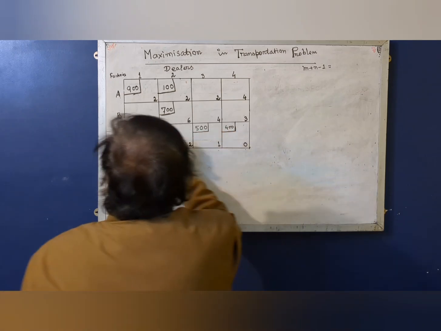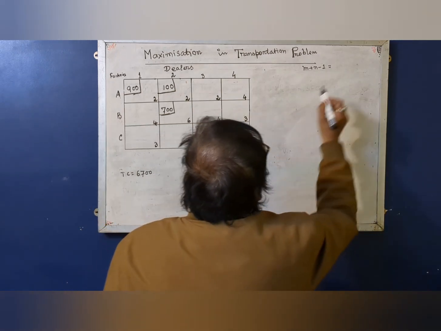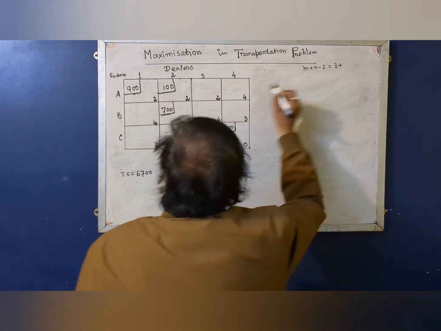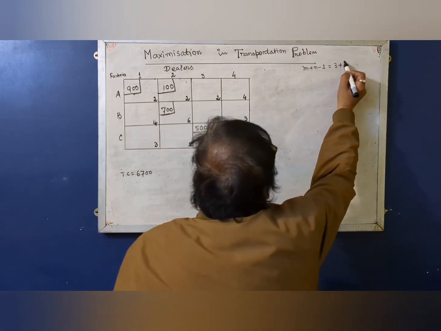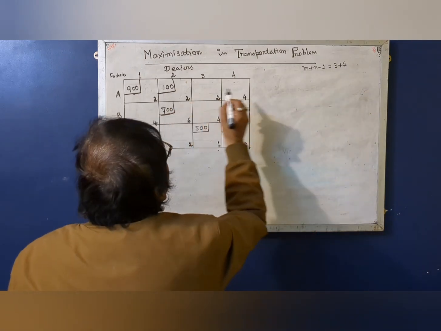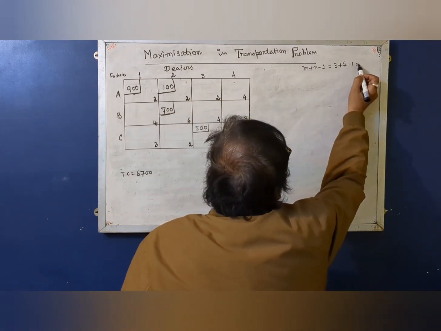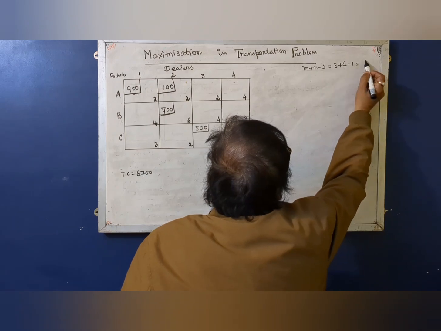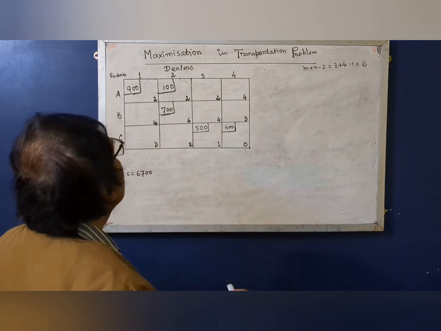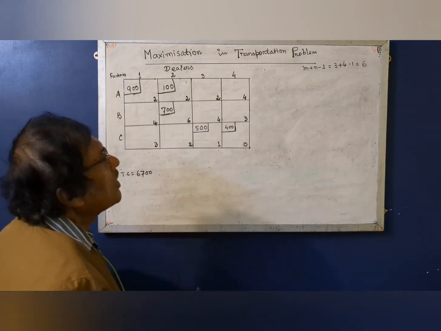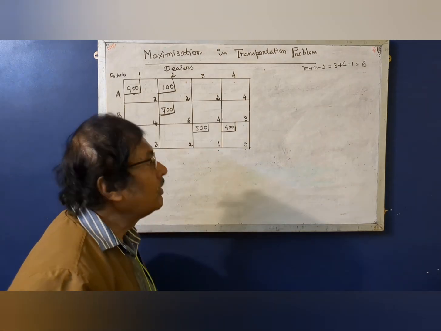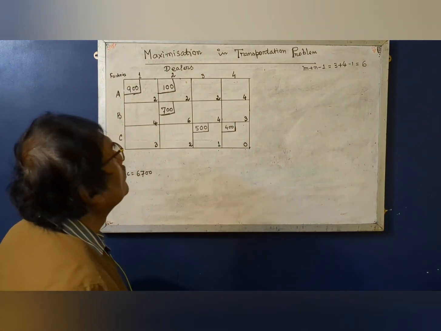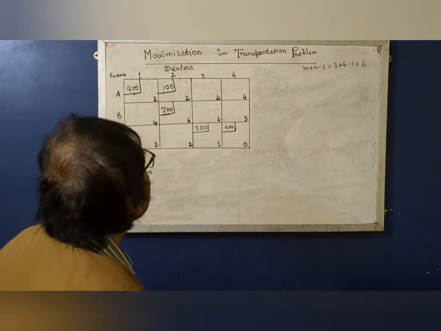In this case, m, the number of rows, is 3, and the number of columns n is 4. So 3 plus 4 minus 1 is 6. Six allocations are required to start the next step of MODI.